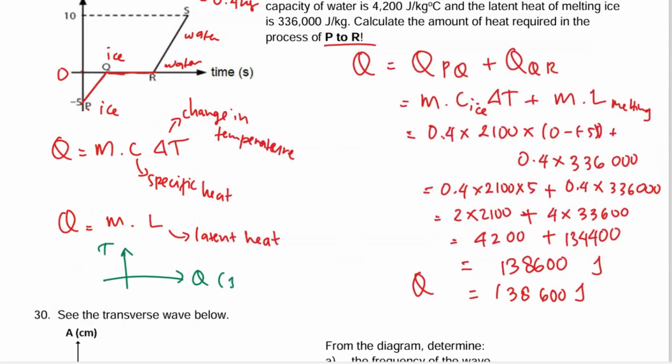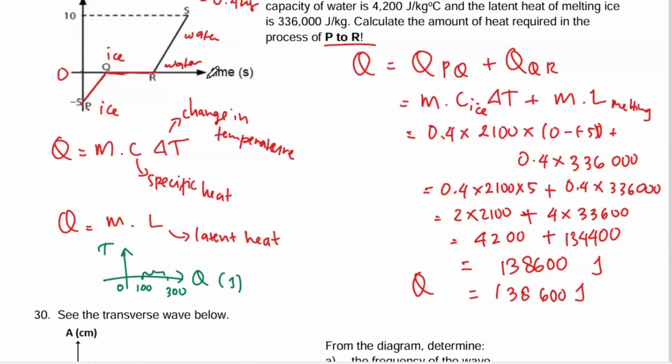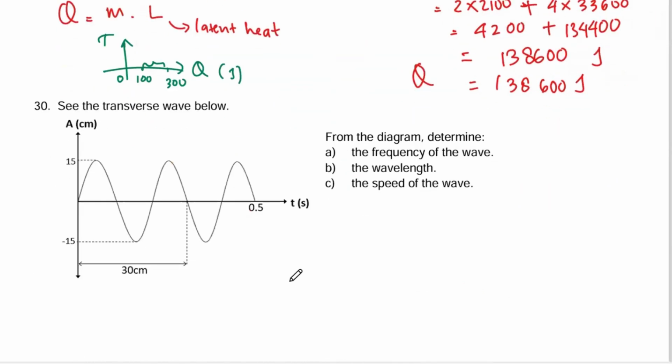So be careful if Q is in joules. Let's say the process starts at 0, then this is 100 joule and then this is 300 joule. So it's telling us about the energy, the heat in that process. So be careful, read the axis of the question.